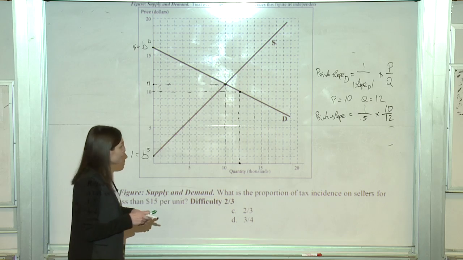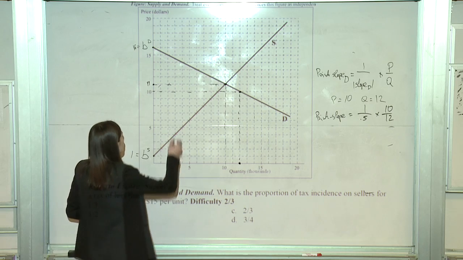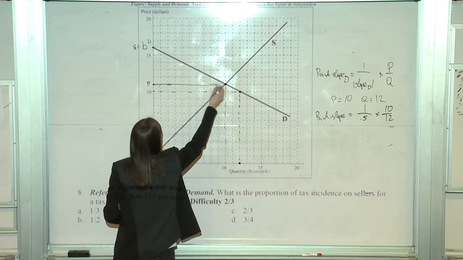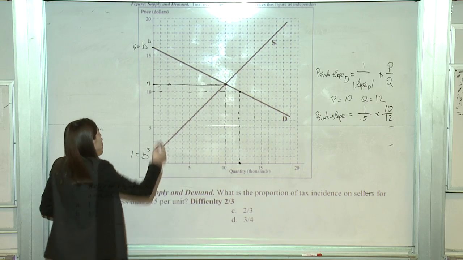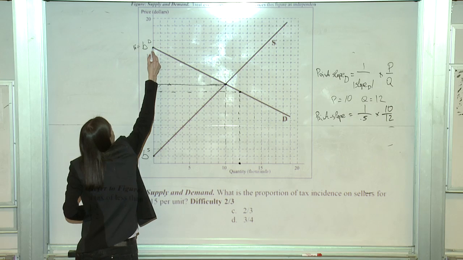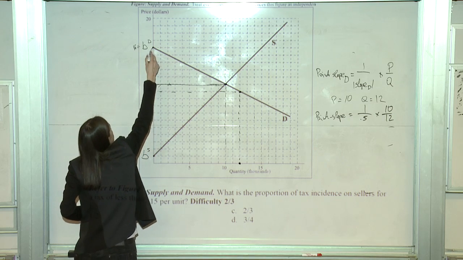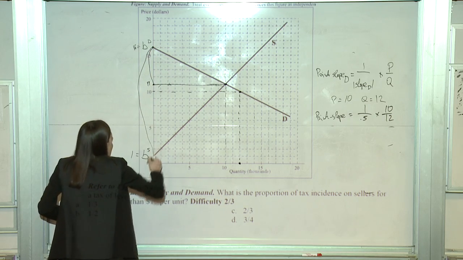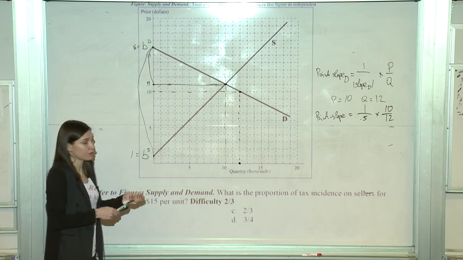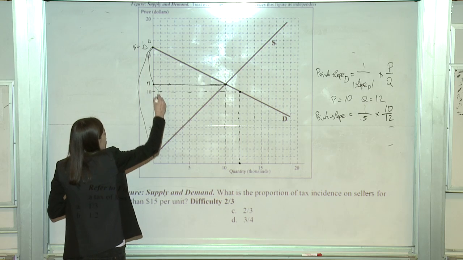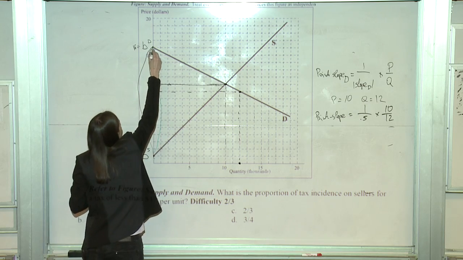And to find that, an easy way to do this would be, so for buyers, this is the equilibrium, right, at 11. For buyers, they're going to pay the ratio of this distance to this distance. And sellers are going to pay 1 minus that, right, the rest of it. So they're going to pay the ratio of this distance to that distance, to the full again.